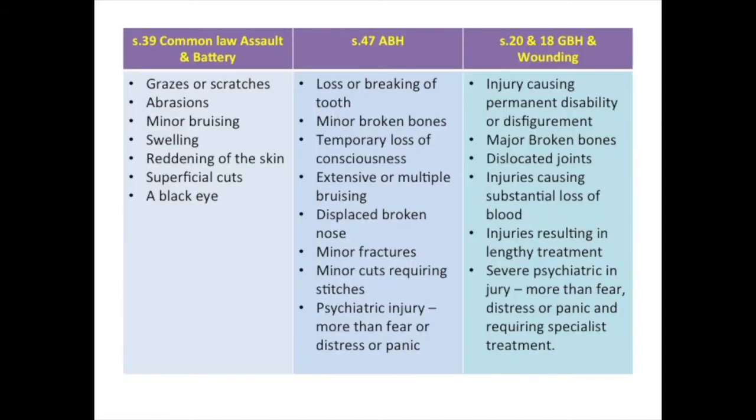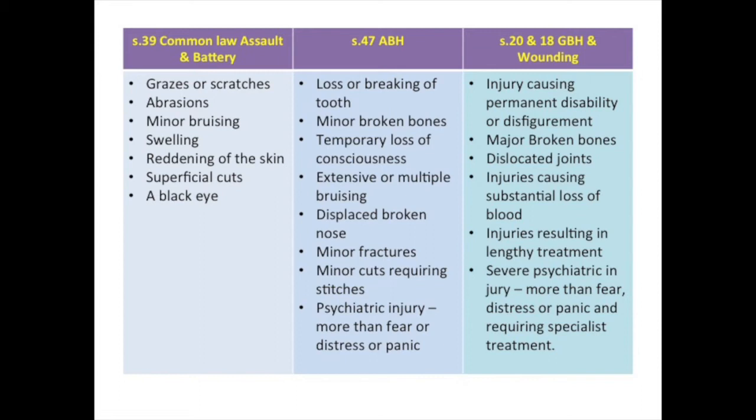On this slide, what you'll find is that there are different types of injuries that could fall under each of the sections. So you'll find quite minor injuries under section 39, like grazes or scratches, superficial cuts, minor bruising. And for section 47, they get more serious, like loss or breaking of a tooth, minor fractures, displaced broken nose, extensive or multiple bruising.